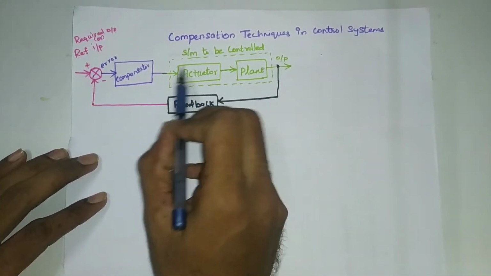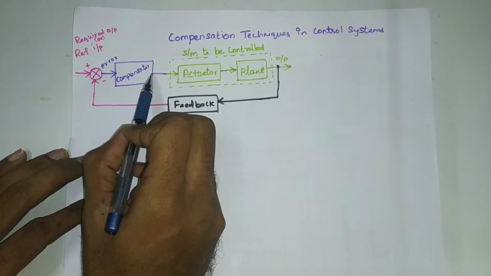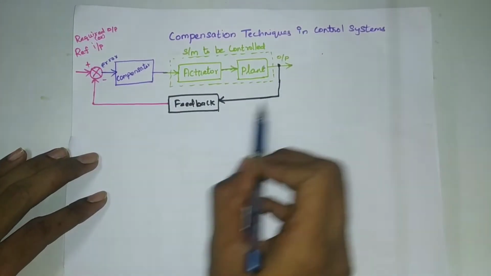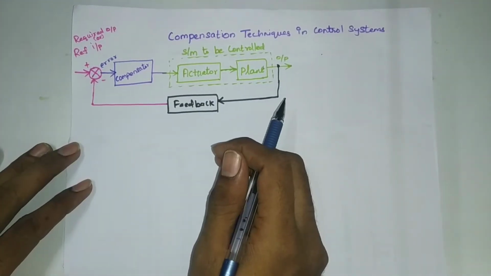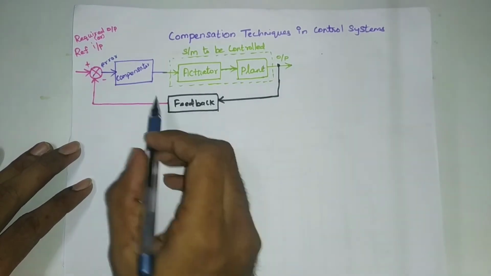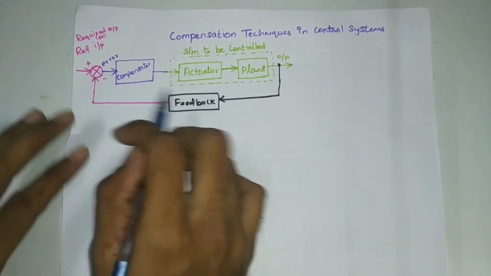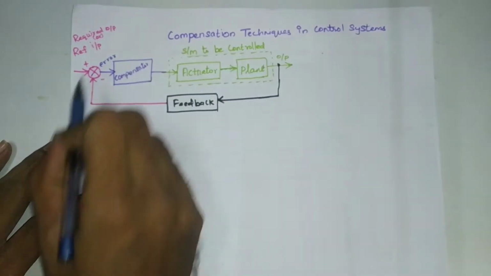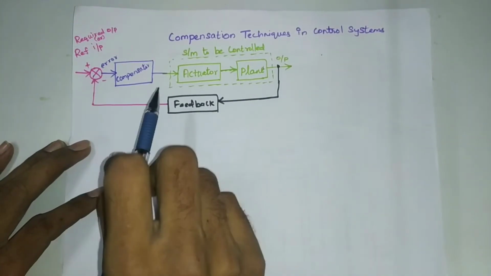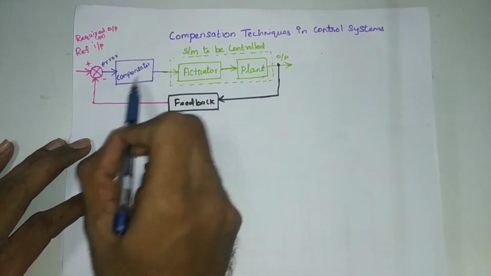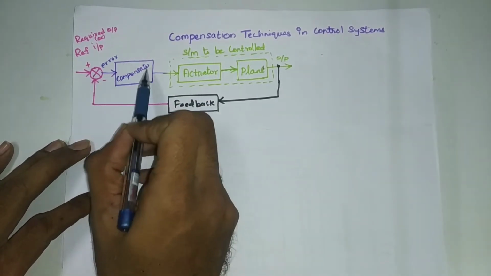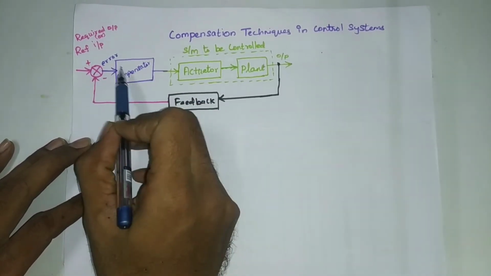So if the control signal is given by means of this closed loop, the system is completely automatic. There is no need for a human in the loop. The system will automatically find a solution for the problem, and it depends upon the intelligence of this compensator or controller.